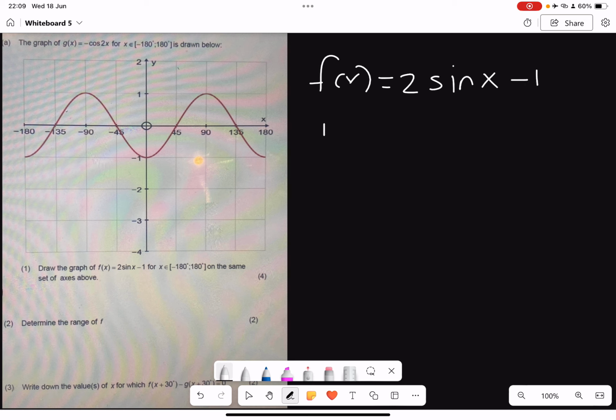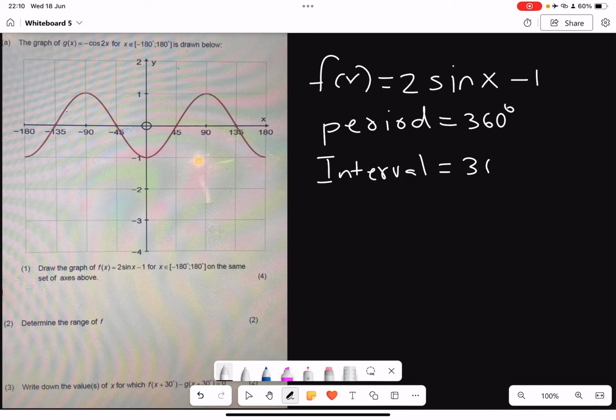Then I can see that its period is 360 degrees over 1, right? Remember the b value is 1 there. So we can all see that the period is just going to be 360 degrees. So the interval that we're going to use, or the class, is going to be 360 over 4, which is 90 degrees.